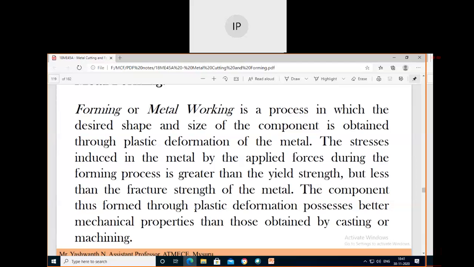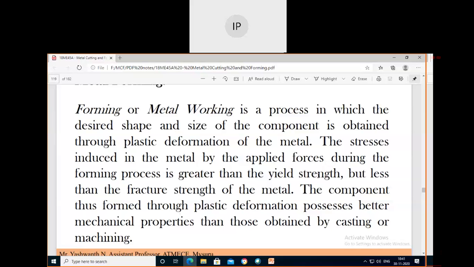The component thus formed through plastic deformation has better mechanical properties than those obtained by casting or machining processes. Whatever physical or mechanical properties we get are in good condition compared to machining or casting, because no material is removed from the workpiece.